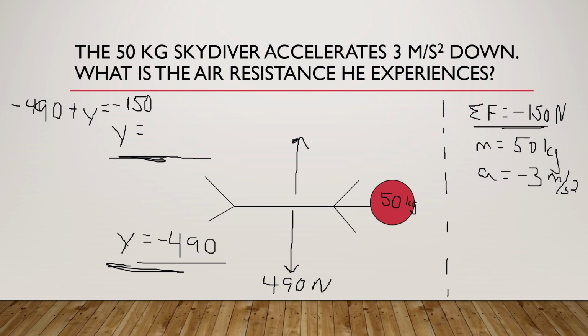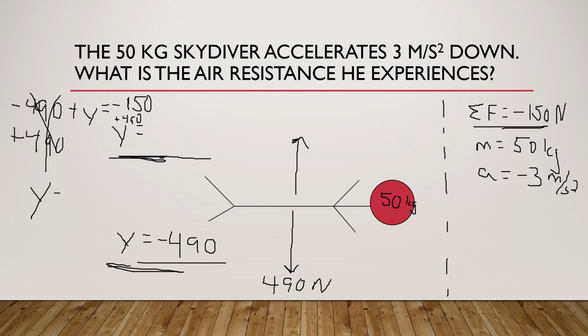All right, so what I'm going to do is add 490 to both sides. I'm just running out of space. But just understand that I did negative 150 plus 490.